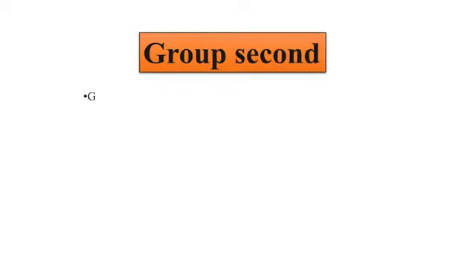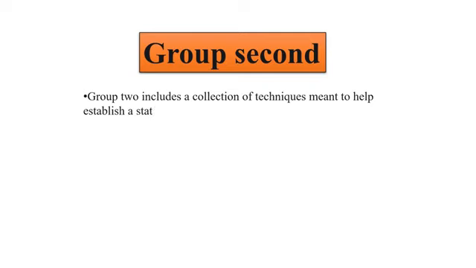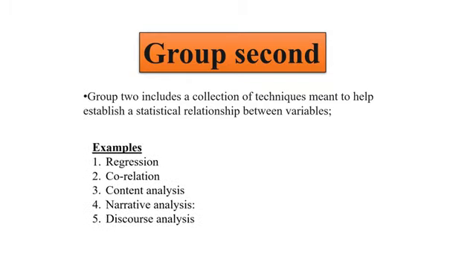Group two includes a collection of techniques meant to help establish a statistical relationship between the variables. For example, regression analysis and correlation analysis in the case of quantitative studies, while in the case of qualitative studies we have content analysis, narrative analysis, and discourse analysis.